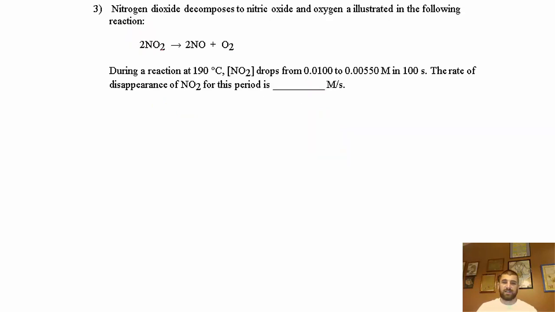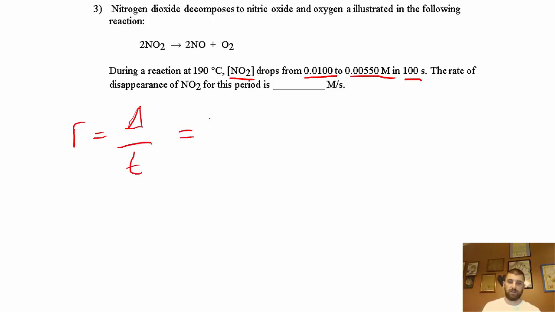3. Nitrogen dioxide decomposes to nitric oxide and oxygen as illustrated in the following reaction. During a reaction at 190 degrees Celsius, NO2 drops from 0.0100 to 0.00550 molar in 100 seconds. All right, the rate of disappearance for this period is blank. So we want the rate of disappearance. So rate is going to be the change over time.